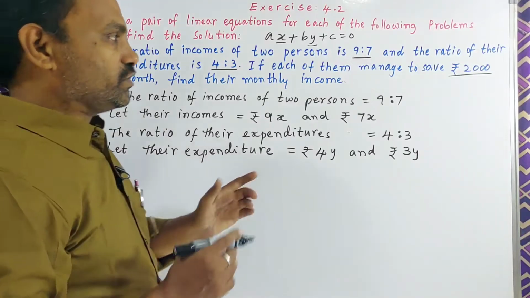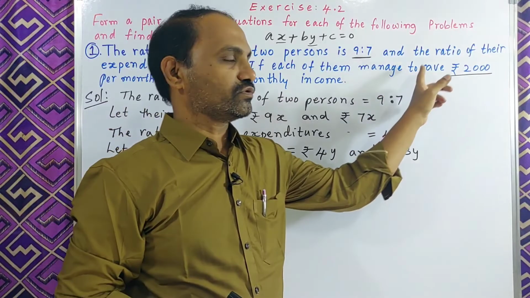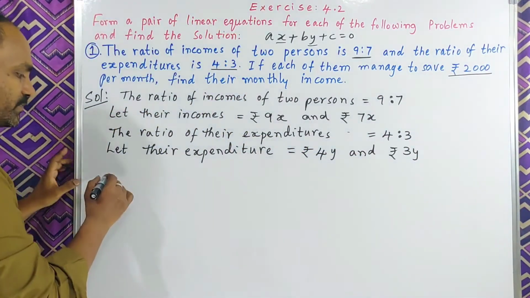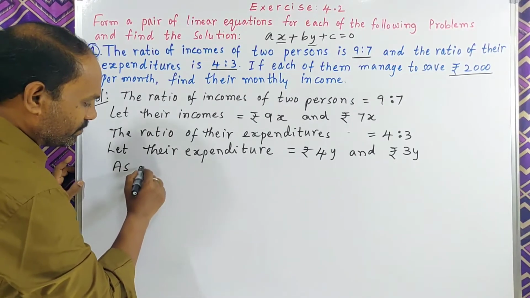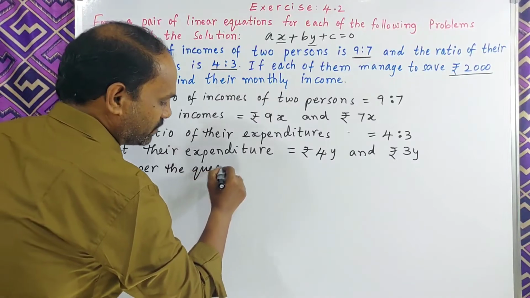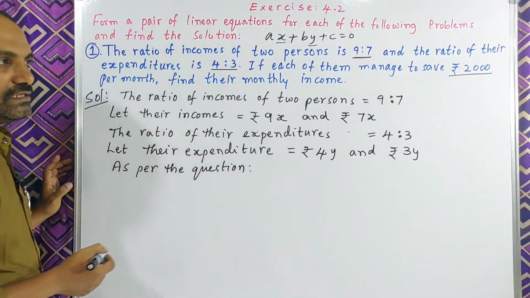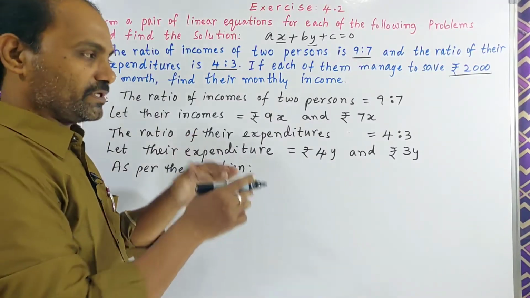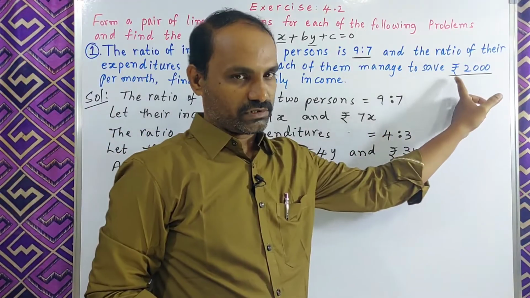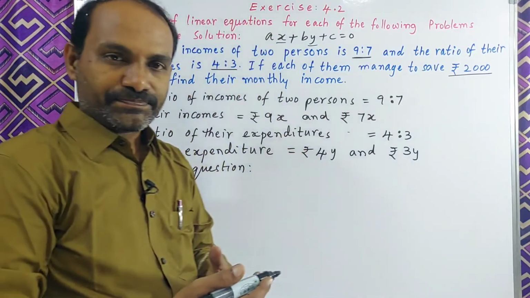And then according to the question, what is given? Each of them managed to save 2000 rupees. As per the data, the condition is that each of them saves 2000 rupees. How do savings come?